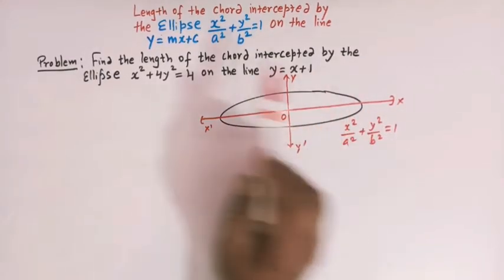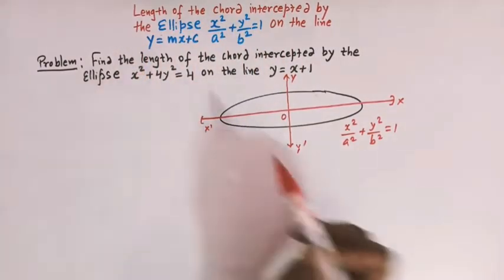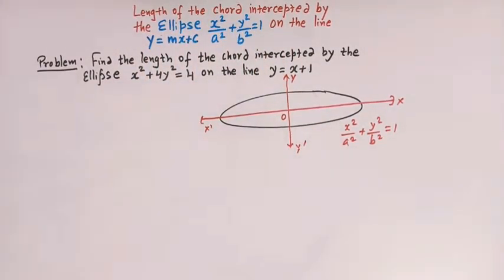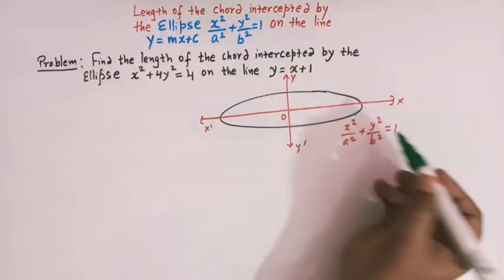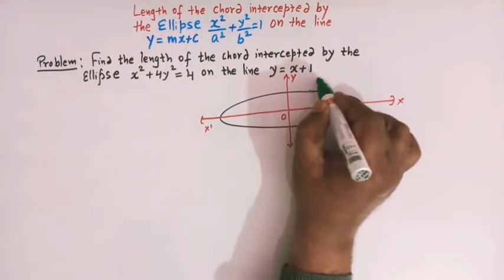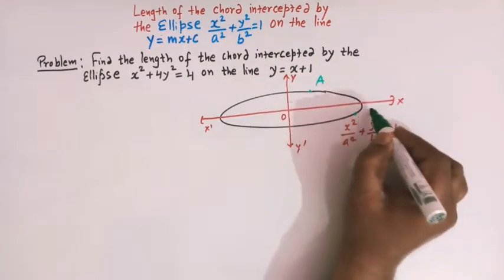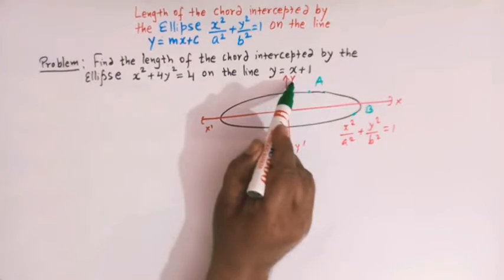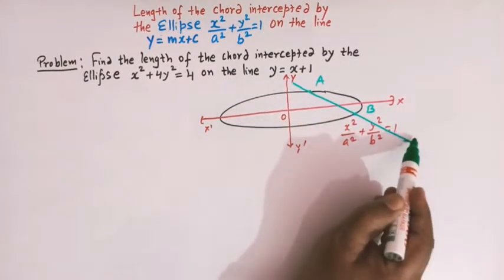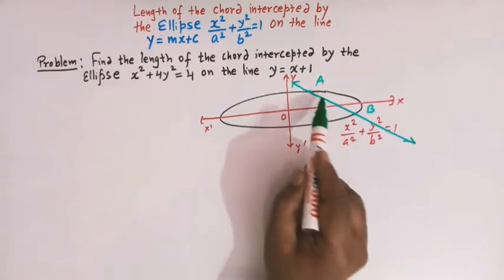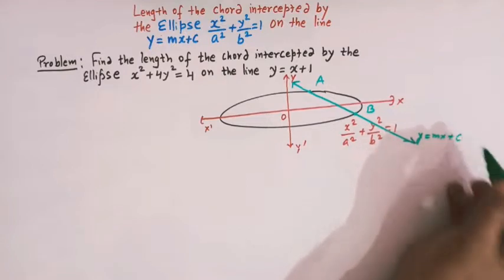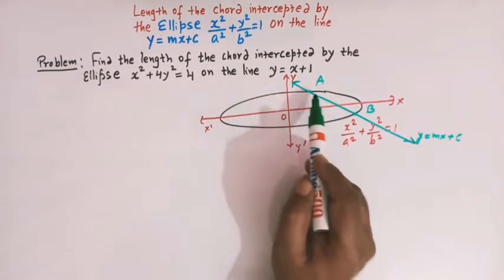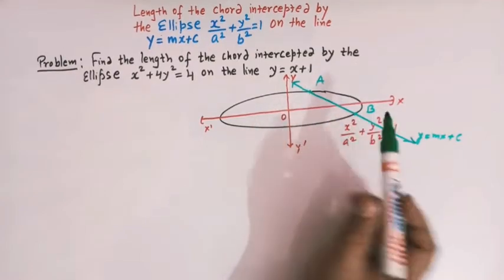Let us consider that the line y is equal to mx plus c intersects the ellipse at 2 points. Suppose this is point A and this is point B, and the line intersects the ellipse at these 2 points A and B.